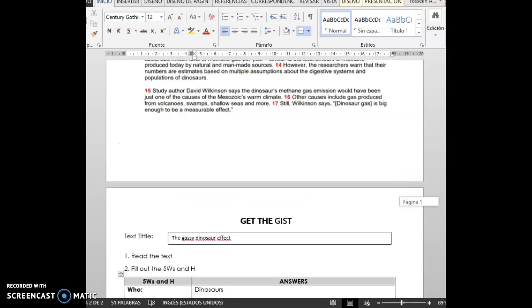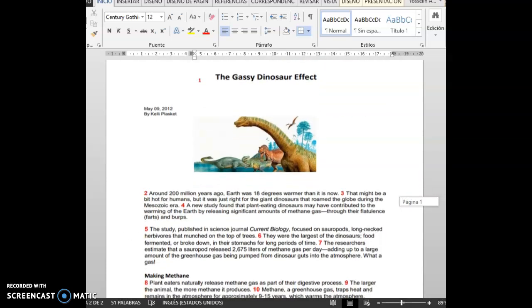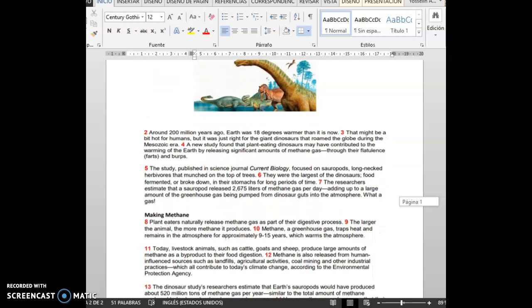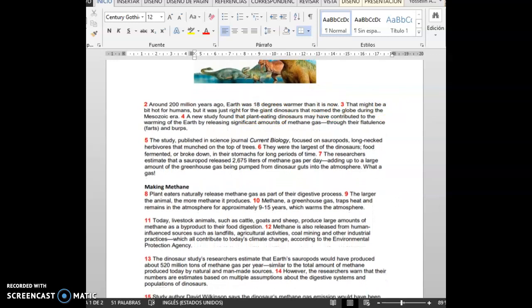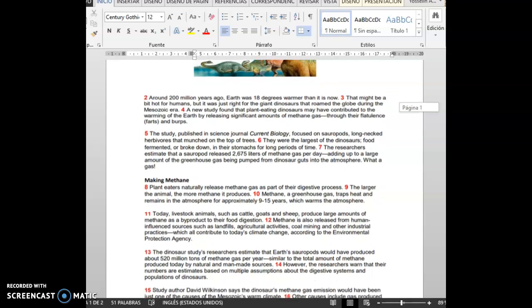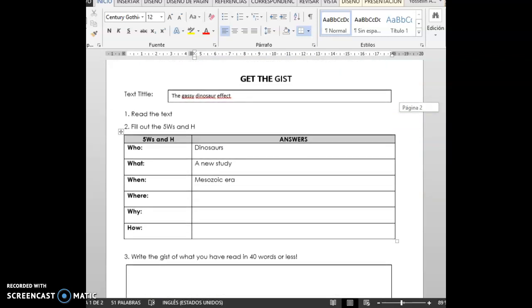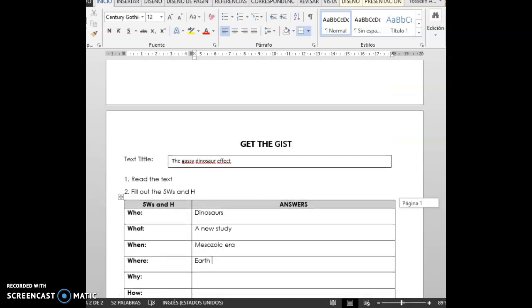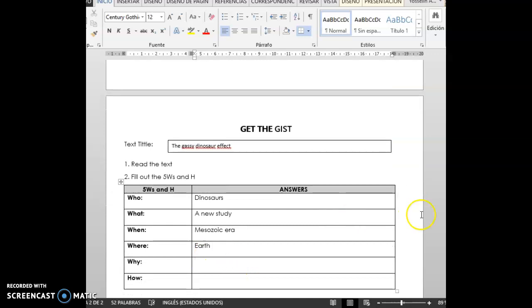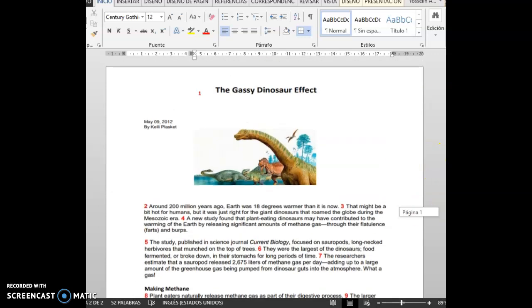Where? Where is this taking place? We don't have a specific place, right? But we can say that it's in the air. So this whole thing that the article is explaining happens in the air.